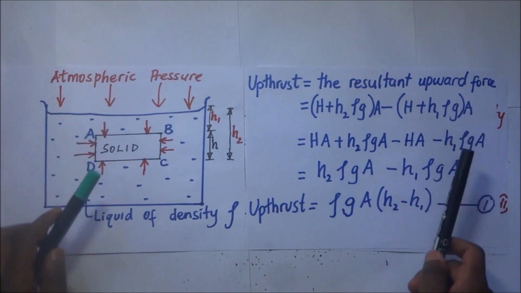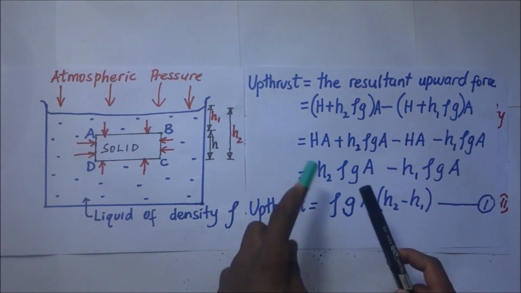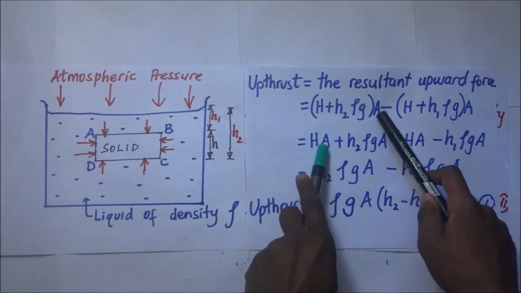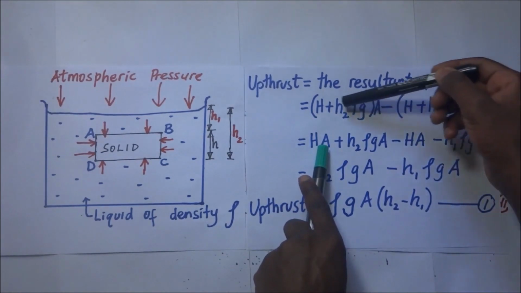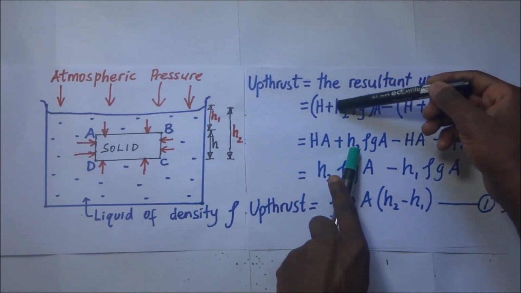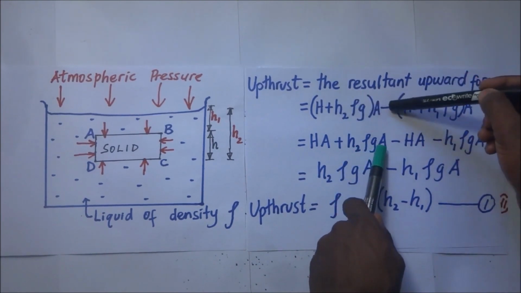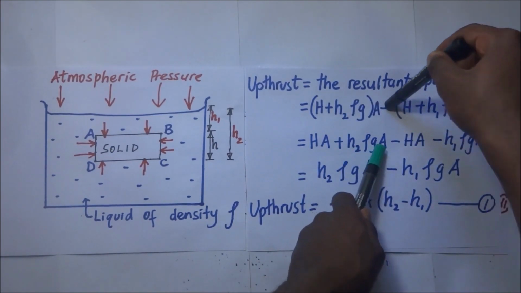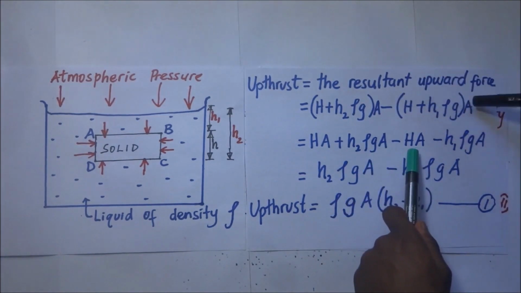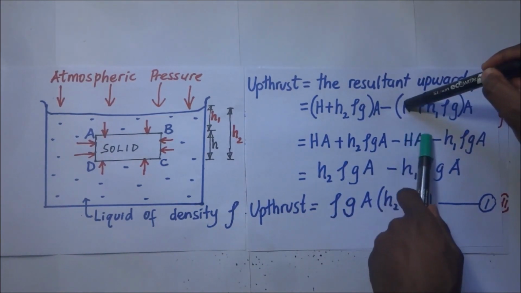When we subtract those two, of course we open brackets. This is A times H giving us HA. Then we have the area times H2 giving us H2 rho G times area, minus, open brackets, area times H gives us HA.